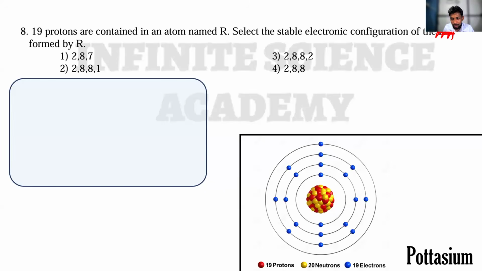Don't worry. Who told me that? Swastika, very good. The question is correct, but according to the heading, I have changed the question. Fine. Now, we'll move to question number 9.